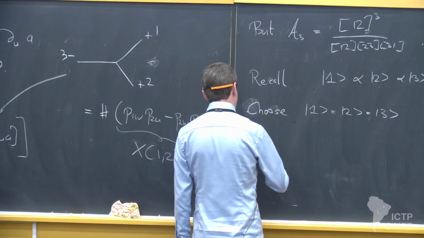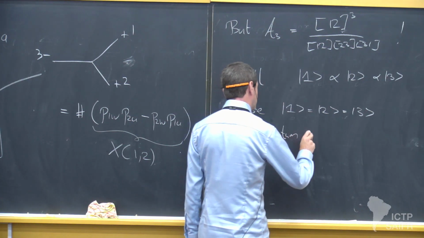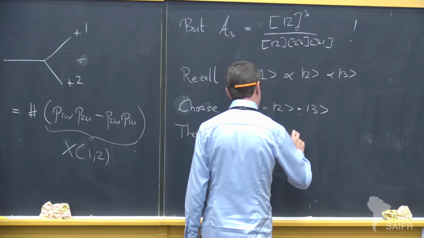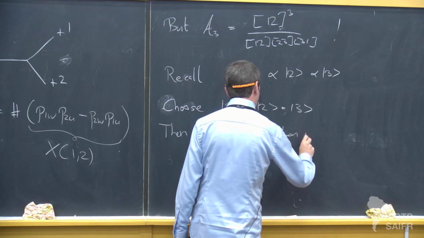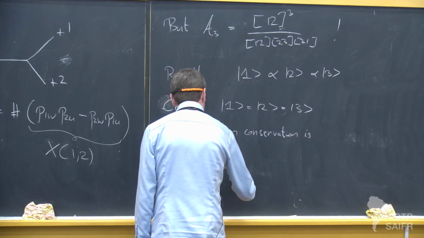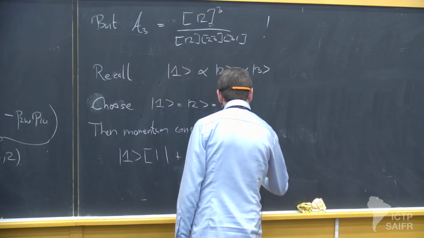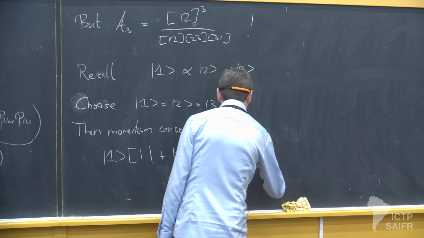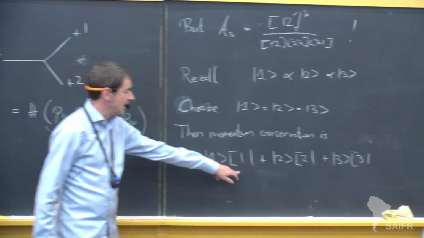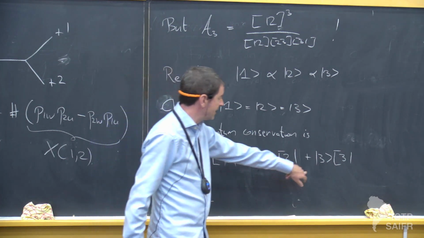Then momentum conservation. In spinor notation, we can write momentum conservation like this. This is just the outer product of these spinors, a lambda and a lambda tilde, for particle 1, and so on.